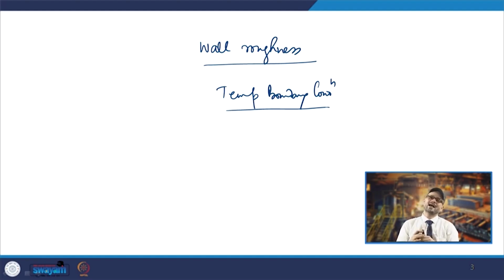You can use the local heat transfer coefficient on the inner side, based on the temperature difference between the wall and the fluid at the node adjacent to the wall inside the domain.